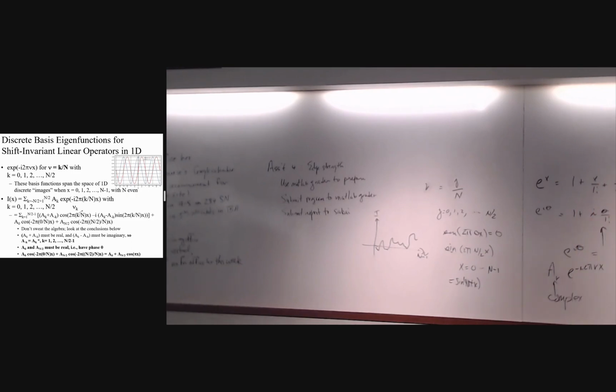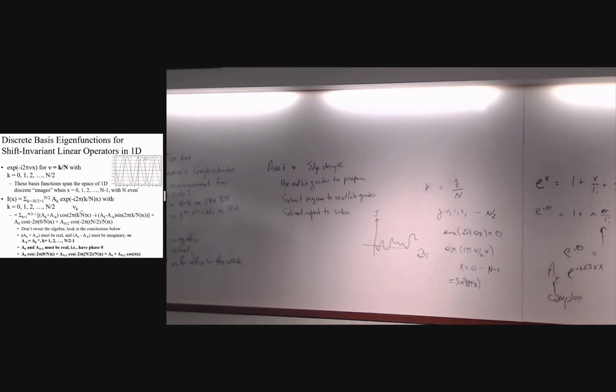If we look at what happens in 1D, what we're going to do is try and represent the image as a linear combination of coefficients of these one-dimensional images. But now you'll notice that I have let the frequencies be possibly negative as well as positive. They go from minus n over 2 plus 1 to n over 2. So I can have a positive frequency nu or a negative frequency nu.